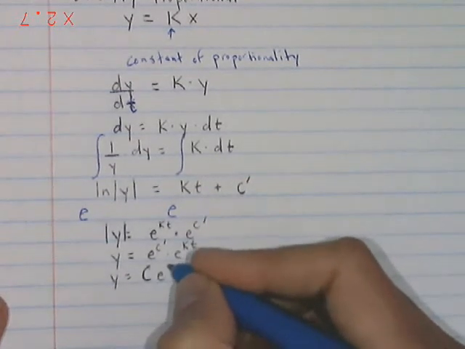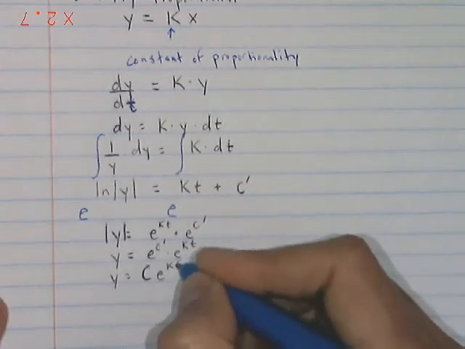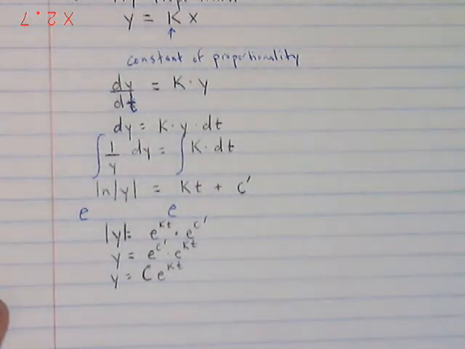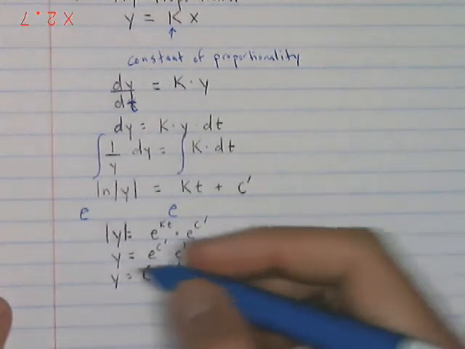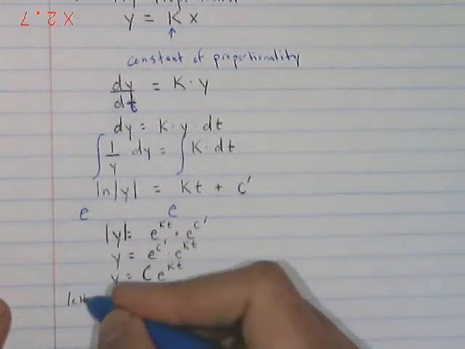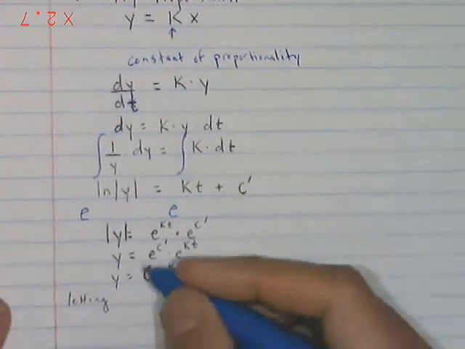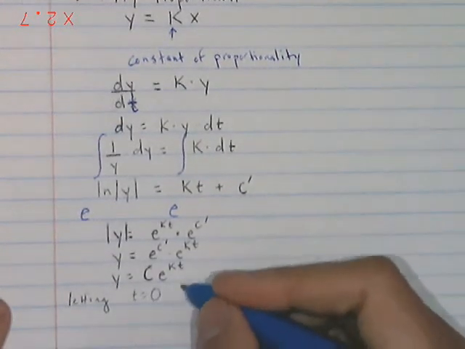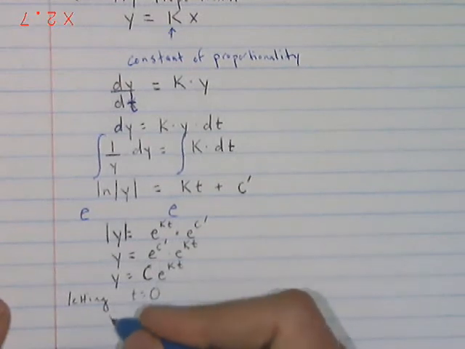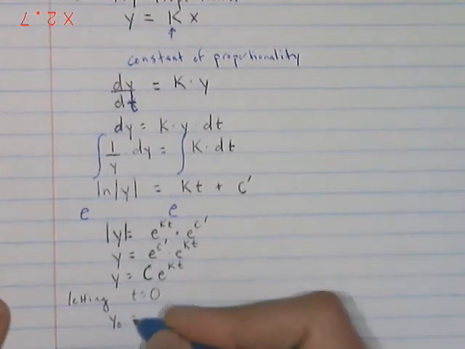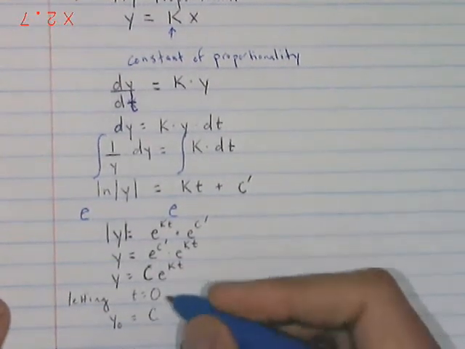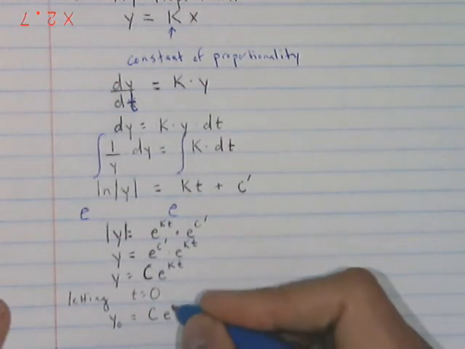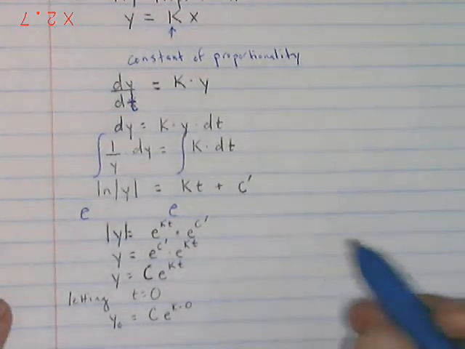So C times e to the kt, and letting t equals 0, we have y naught is equal to C times e to the k times 0.